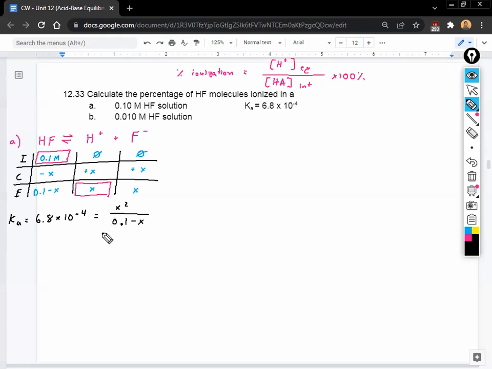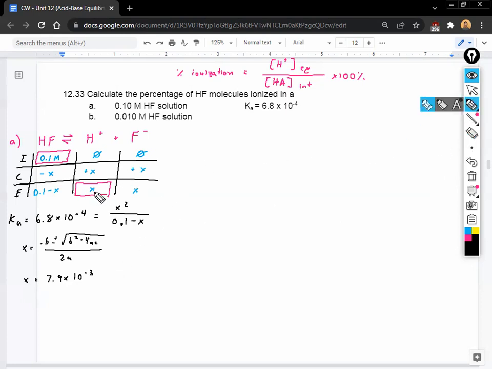So you would have to use the quadratic formula here, but let's save you some time and pretend I did the quadratic formula. So X equals negative B plus or minus the square root of B squared minus 4AC, all over 2A. Okay, and that's going to give us a value of 7.9 times 10 to the negative 3 molarity.